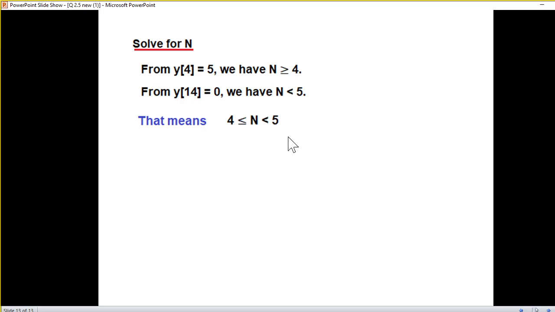And this is only possible when n is 4, because it has to be less than 5. So that means n is 4. The only integer that satisfies the above condition is n equal to 4. Since n is an integer, not a fraction, therefore 4 is the only choice.